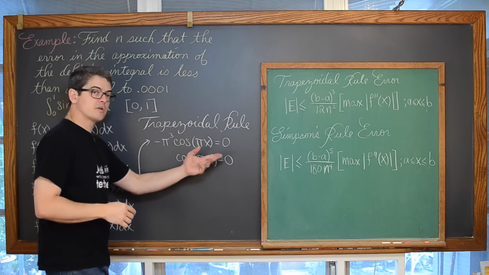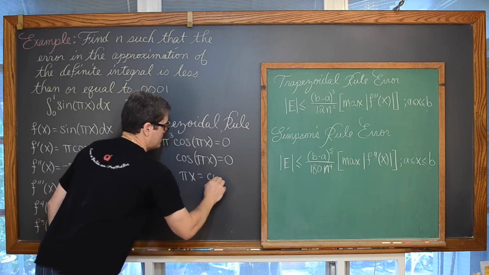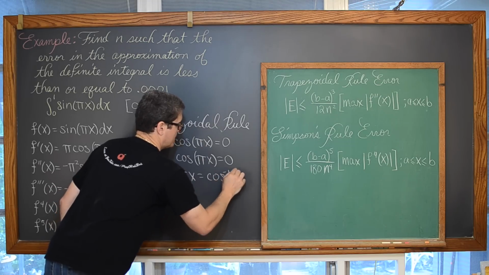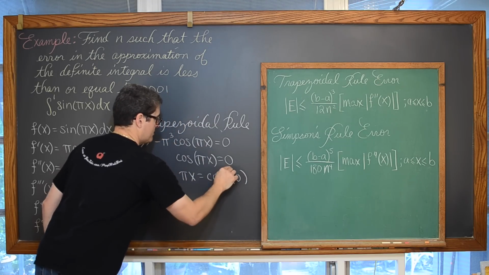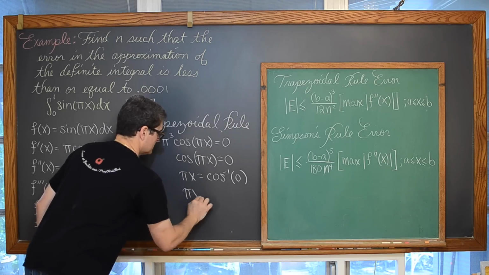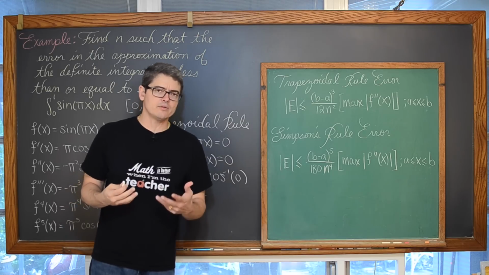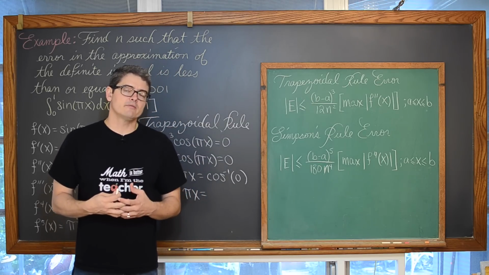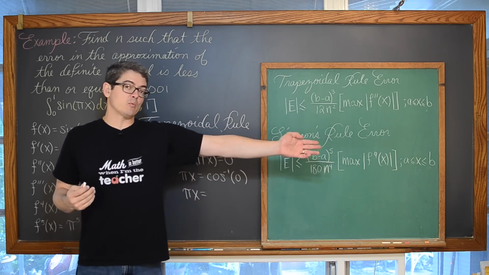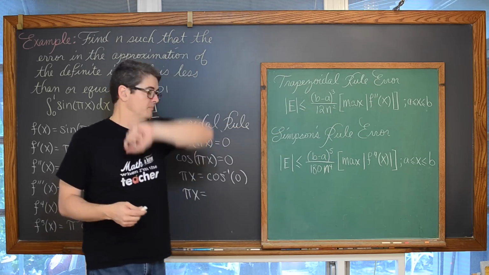So we're going to take the inverse cosine of both sides and get pi x is equal to the inverse cosine of 0. Hopefully, if you know your unit circle very, very well, you're just saying the answer automatically. The inverse cosine of 0, where on the unit circle is the cosine value equal to 0? There's 2 places, but I'm going to work on the first, or the smallest angle measure. That's going to be pi over 2.